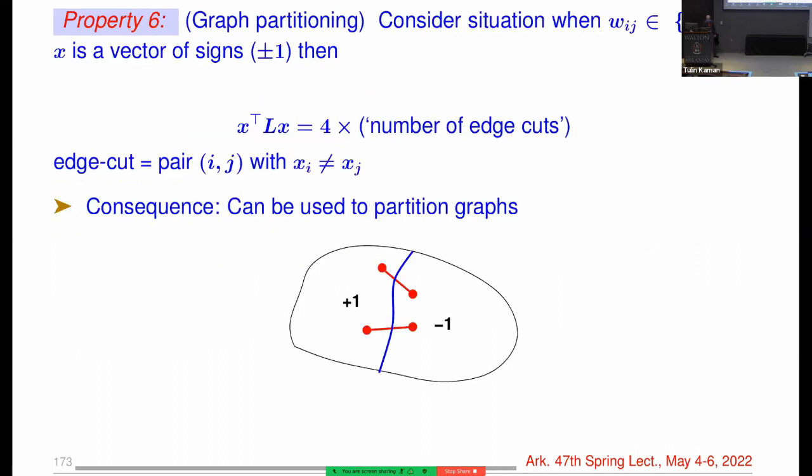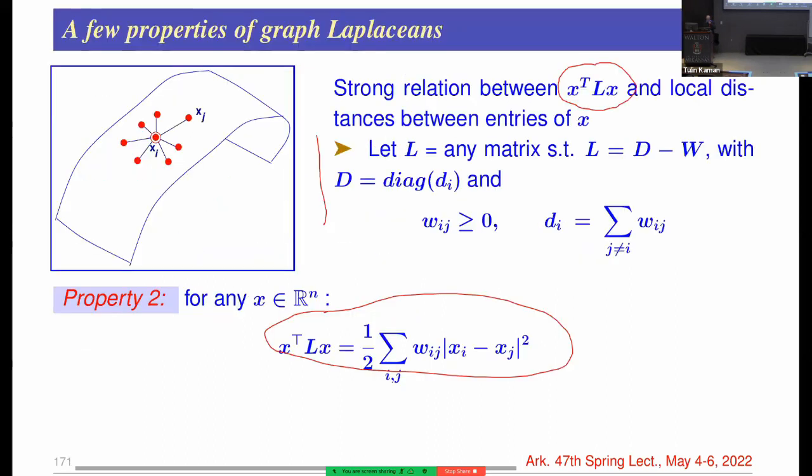All right. Property 6, which is useful for graph partitioning. Consider the situation where Wij is either 1 or 0. Let's suppose X is a vector of +1 or -1 entries. Then X transpose Lx, according to this result here, the difference is either 0 or 2, because Xi and Xj are either -1 or 1.